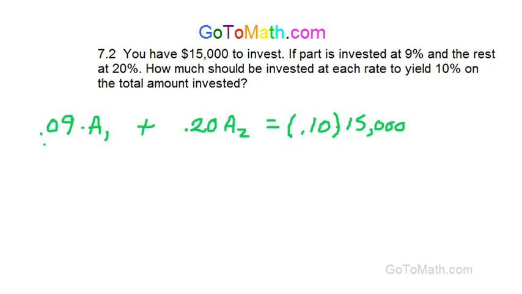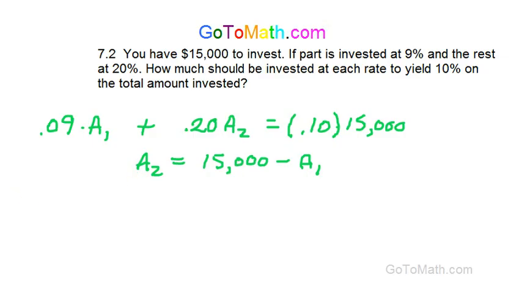Okay, so what are we doing here? We need to get this thing all in terms of one variable, and I think what we're going to do is get A2 in terms of A1. And so A2 is actually equal to, because it says if part is invested at 9% and the rest, that means 15,000 minus, we'll subtract off this first part here, and that'll give us what's left over, and that'll be the second part.